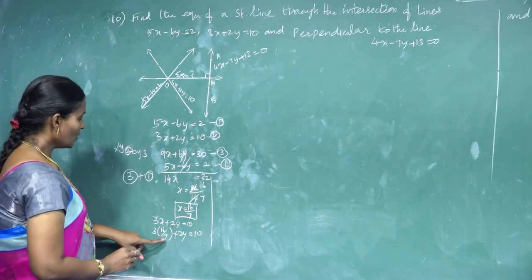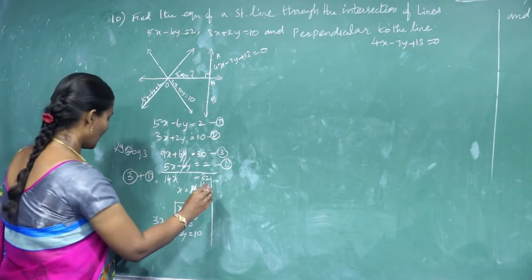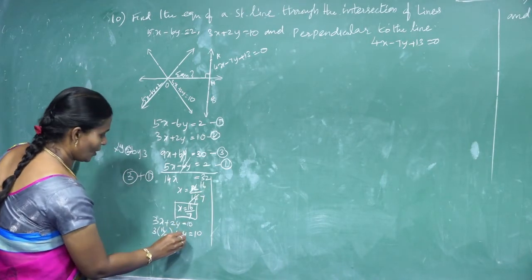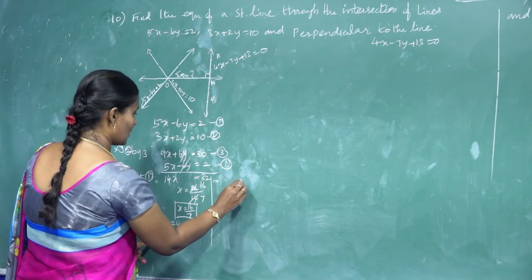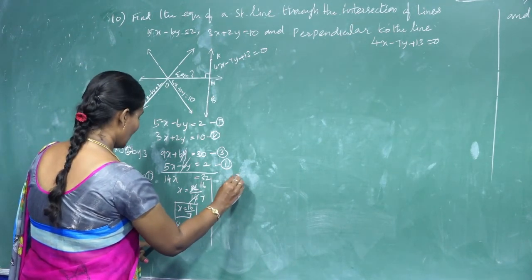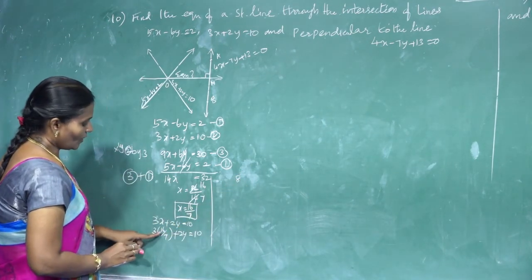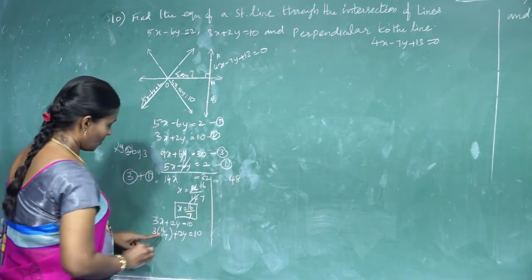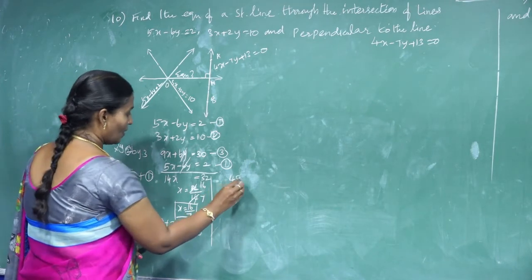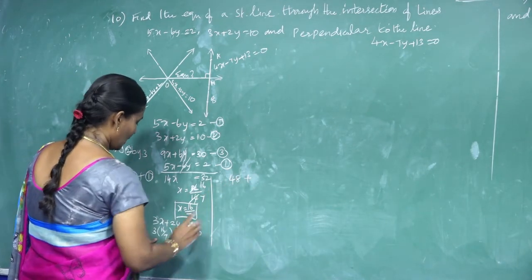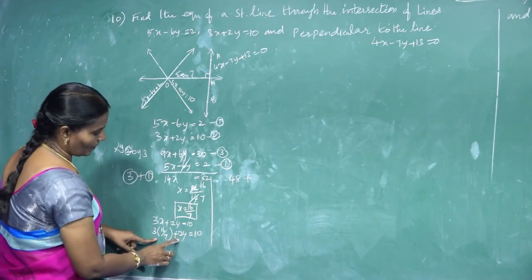So now do the cross multiply. Here 14y, and 3 sixteens are 48. Am I correct, children? 16 threes are 48, plus here this 7 you do the cross multiply.